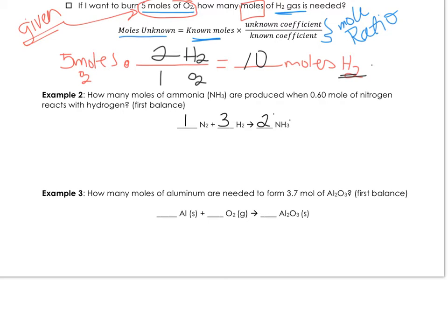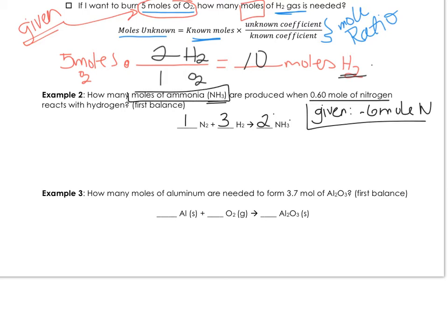Now let's read. How many moles of ammonia, that's the NH3, are produced when I have 0.6 moles of nitrogen? So my given is 0.6 moles of N. I'm going to clarify that for myself because that is what I ultimately want to start with, and I want to end up with moles of NH3.